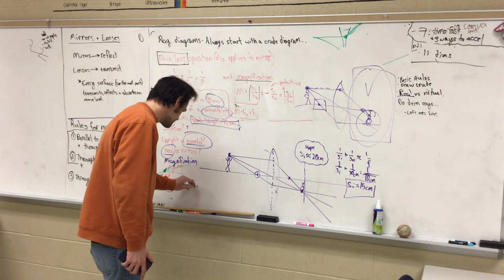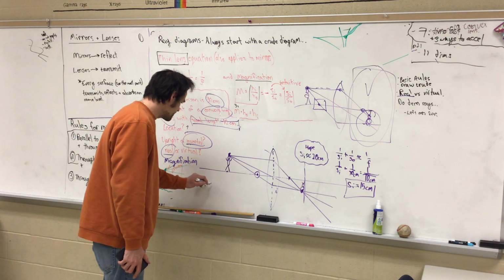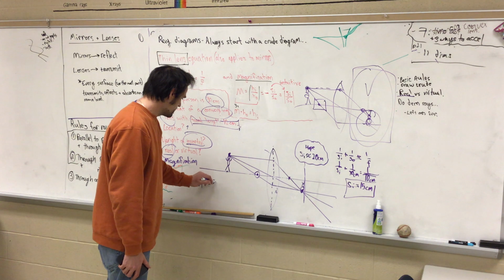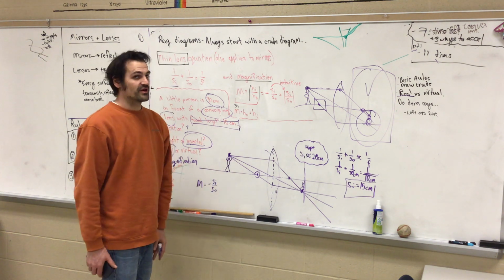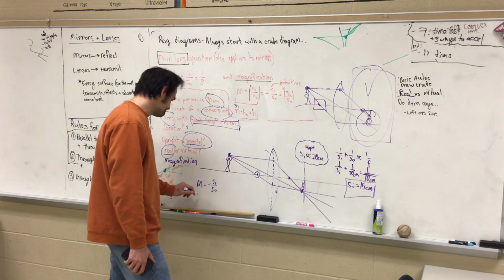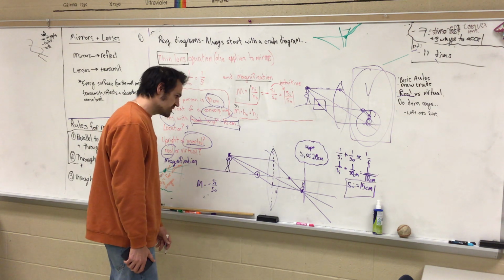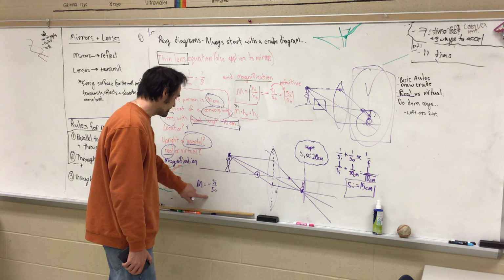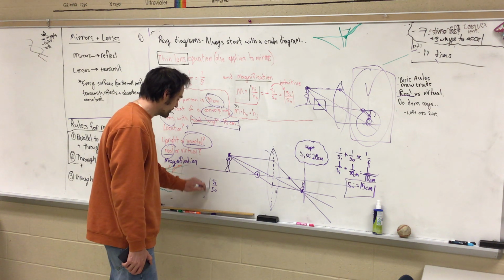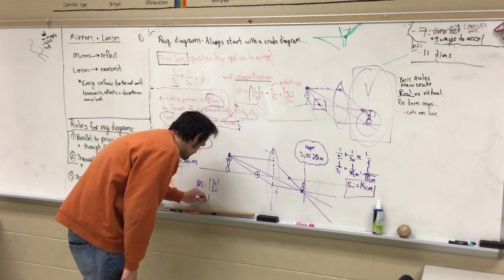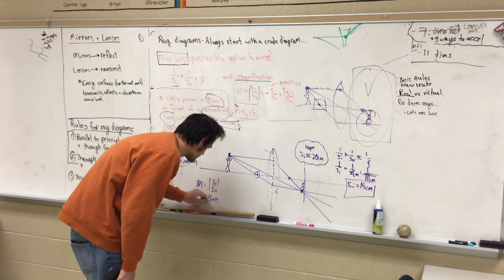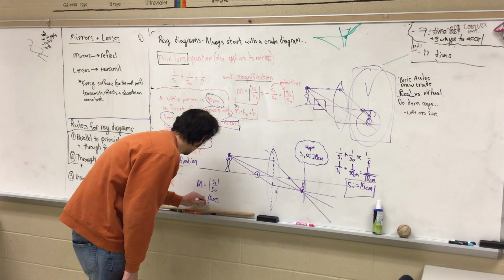Magnification equals -SI over SO. You could have also used absolute values. I'm going to go with absolute values. That's what I asked you to do, so that's what we're going to do. Image distance is 15 centimeters over object distance of, I think it was 30 centimeters.